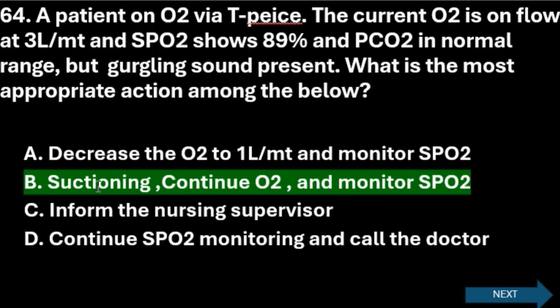Then if it is not solved, the other steps will come, like SpO2 monitoring, continuing and calling the doctor, doing some other advanced intervention. But always go to the priority and basic thing first. Decreasing the O2 is the opposite. This is for elimination. This is the technique for doing application level questions. Informing the nursing supervisor is not very significant here. Next question.